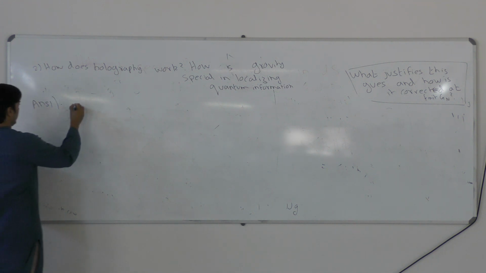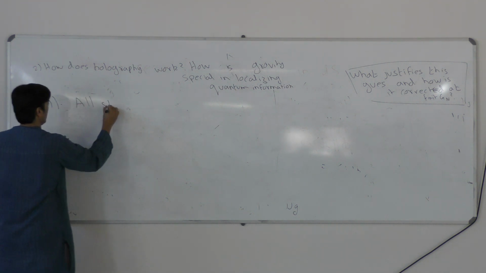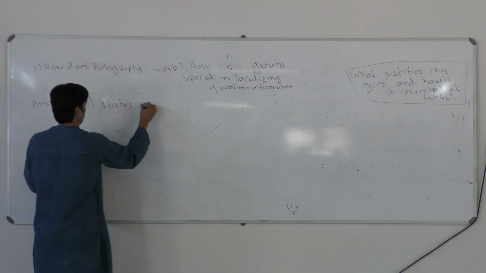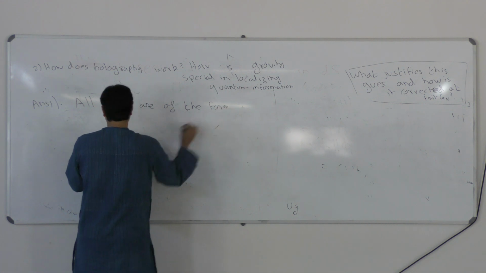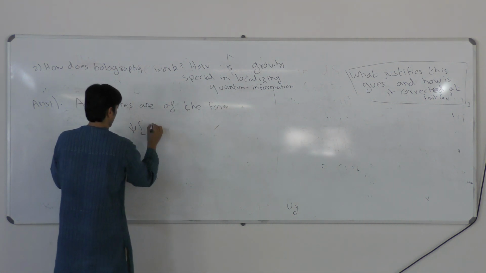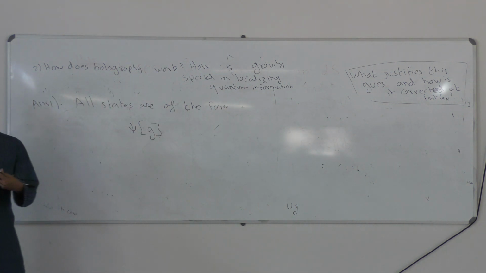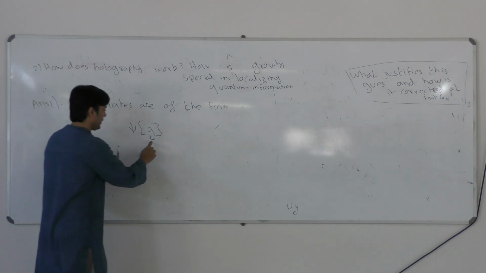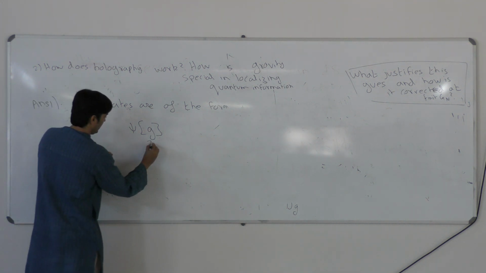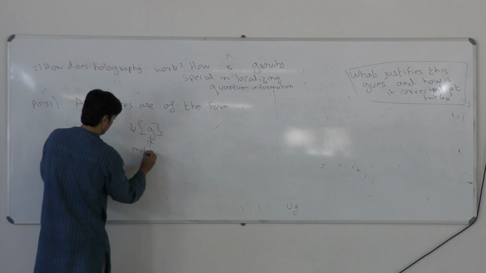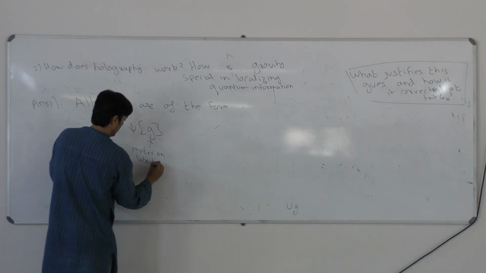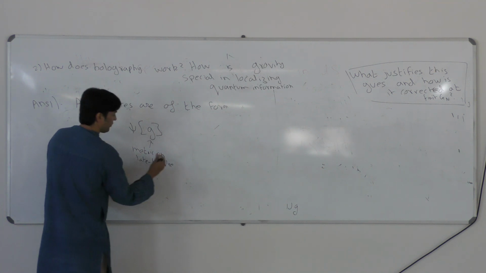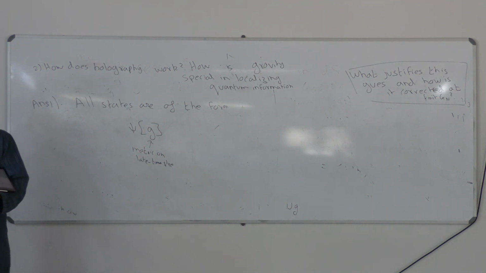Is that all states are of the form psi of g. So all states, by the way, are given by wave functions. This is the wave function on a late time slice. G is the metric on a late time slice. So if I tell you the metric on a late time slice, that specifies the state.